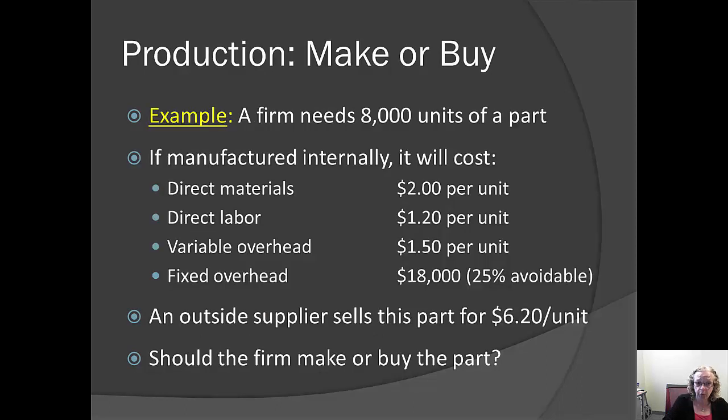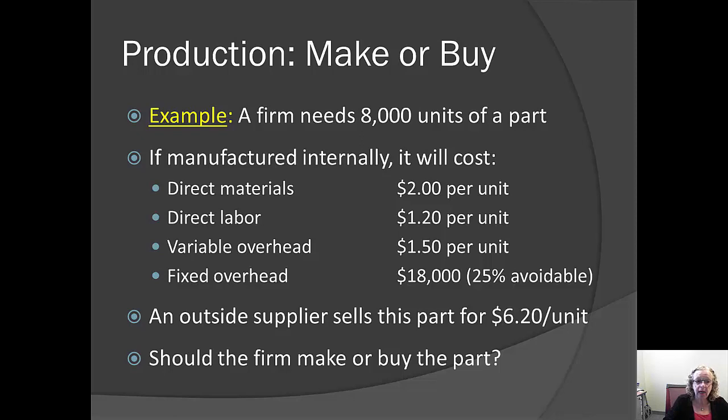Let's try a practice problem. A firm needs 8,000 units of a component, and we have some information about the materials, the labor, the variable overhead, and the fixed overhead associated with manufacturing this part.